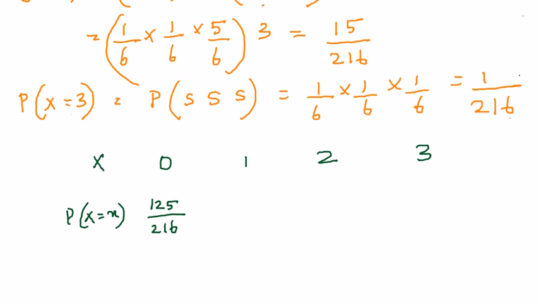When x was 1, it was 75 by 216, and then it was 15 by 216, and when x is equal to 3, it was 1 by 216.